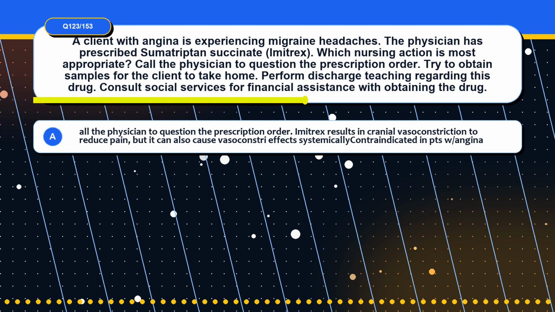Consult social services for financial assistance with obtaining the drug. Here are the options. Option A. Call the physician to question the prescription order. Imitrex results in cranial vasoconstriction to reduce pain, but it can also cause vasoconstrictive effects systemically, contraindicated in patients with angina.